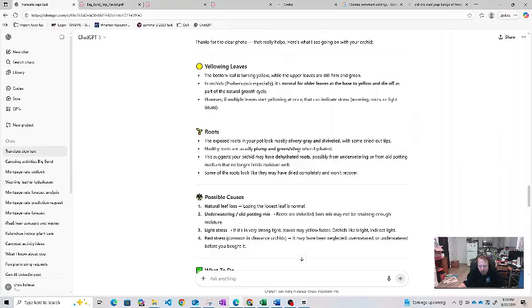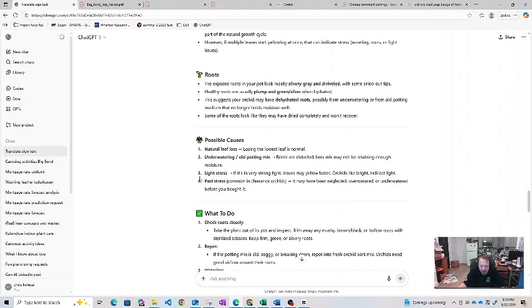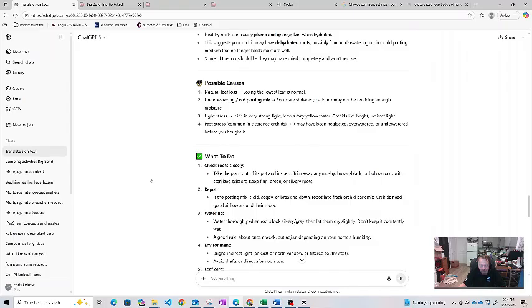Usually, healthy roots are plump and a greenish silver. Then it goes through possible causes: natural leaf loss, that's normal. Roots are shriveled, may not get enough water, light stress, pest stress. So lots of different things. And that gives us a checklist of what we can do.